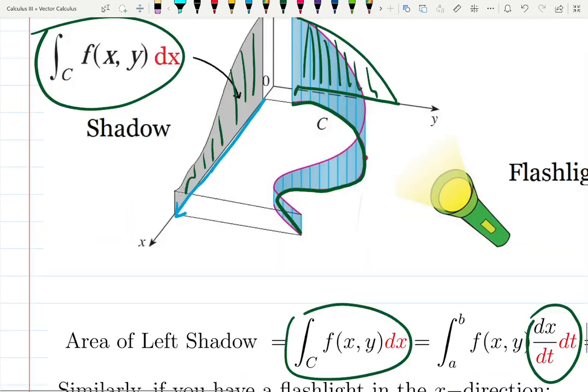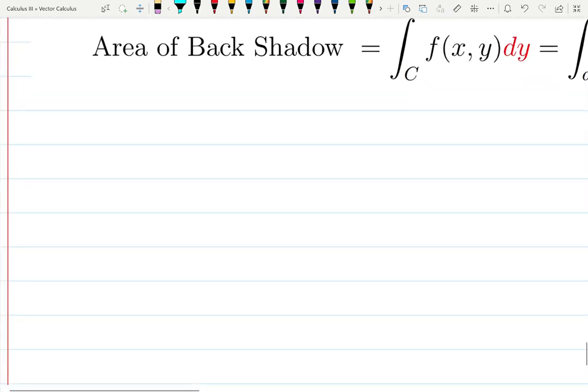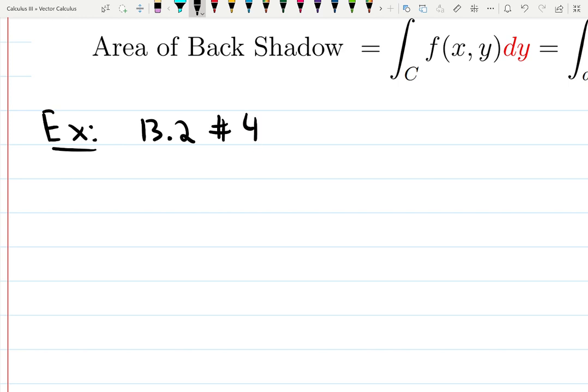Anyway, I will show you a homework example, and it might click, maybe. We'll see. So it is example 13.2, number 4. They say, let C be a curve which is the union of two line segments. C is line segments.